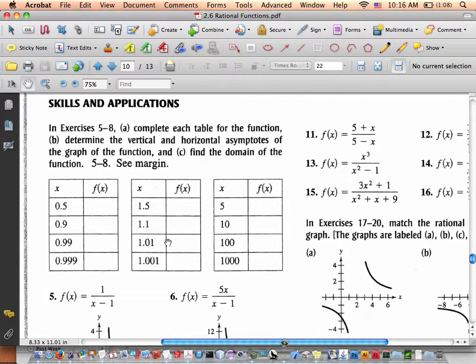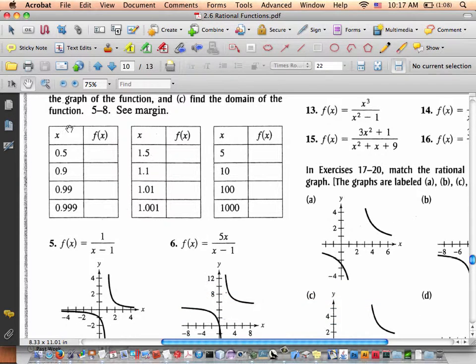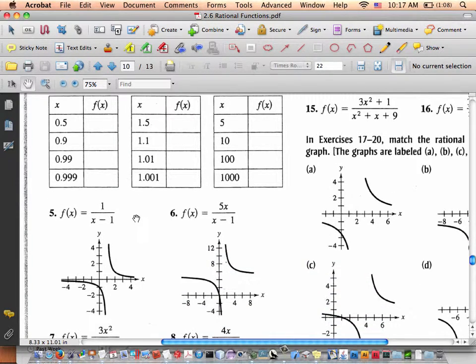Complete each table for the function. Determine the vertical and horizontal asymptotes of the graph of the function. Then find the domain of the function. So for part 5, what is the excluded value? Positive 1. So the domain is all real numbers except 1.